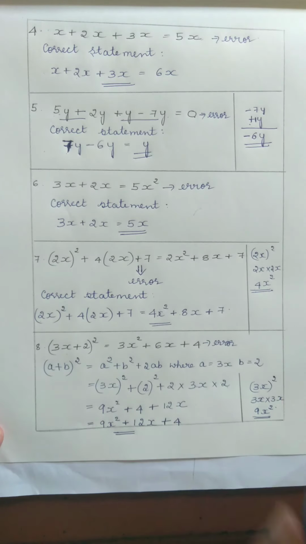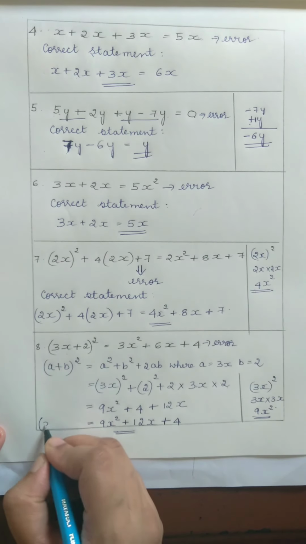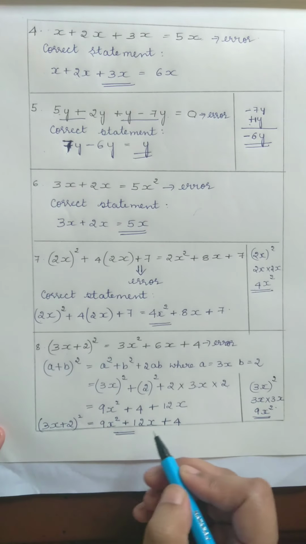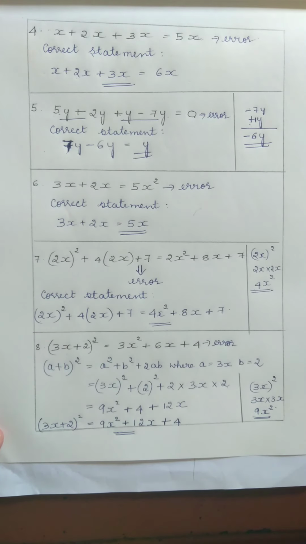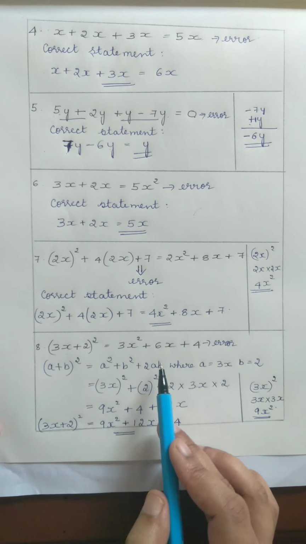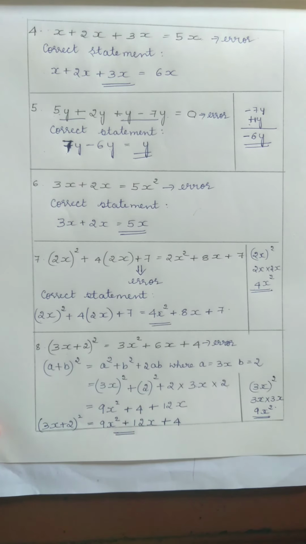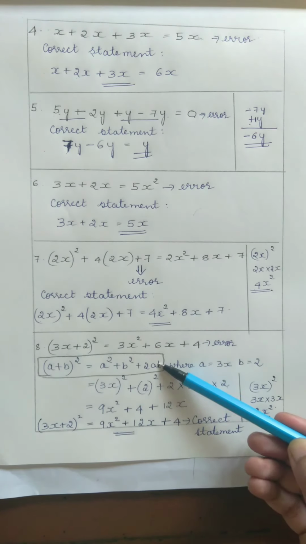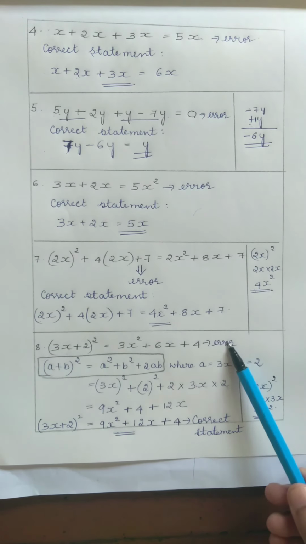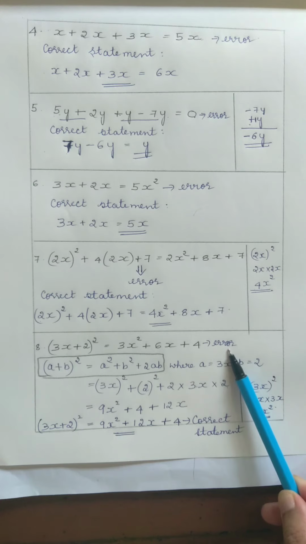The correct mathematical statement for 3x plus 2 whole square is 9x square plus 12x plus 4. We got the correct mathematical statement by using the identity a plus b whole square is equal to a square plus b square plus 2ab. So, this is the identity used and the correct statement will be this one. So, the given mathematical statement is having the error.